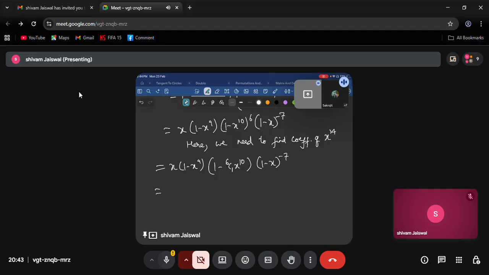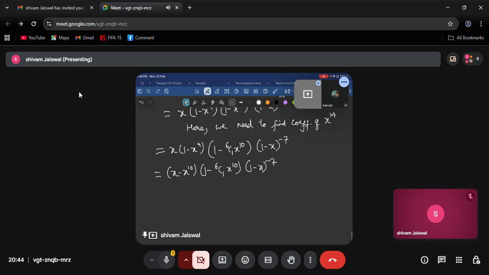Next, let us multiply. This will become x minus x to the power 10 multiplied by 1 minus 6C1 into x to the power 10 multiplied by 1 minus x whole to the power minus 7. Let us multiply x into 1, x into minus 6C1 x to the power 10, so it will be minus 6C1 into x to the power 11, minus x to the power 10. Do we require x to the power 10 into x to the power 10?